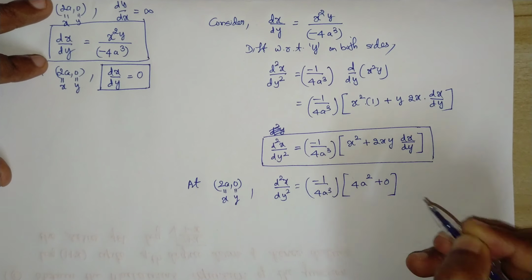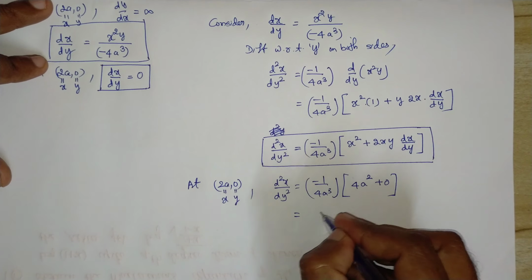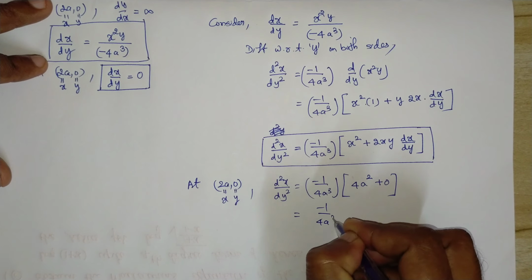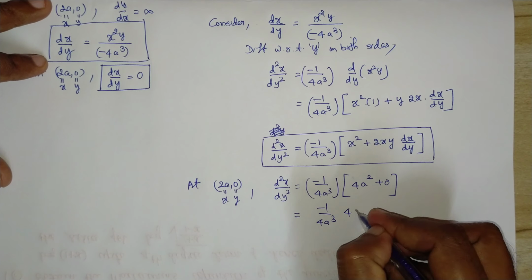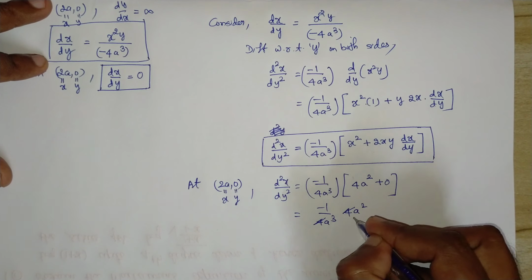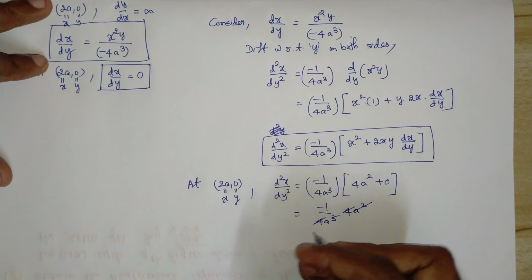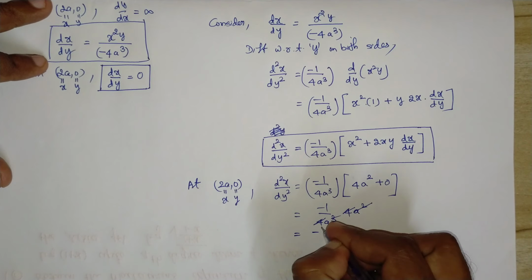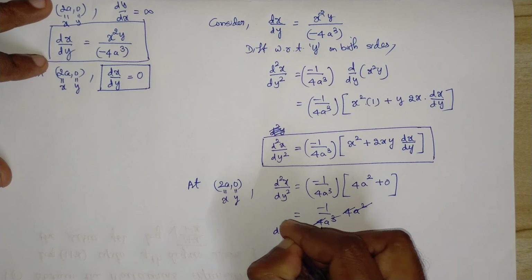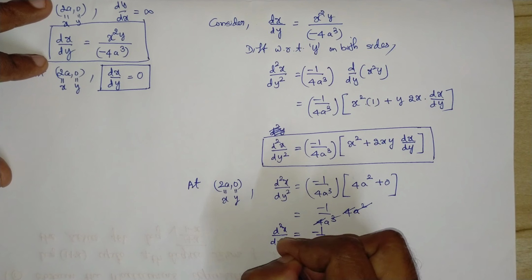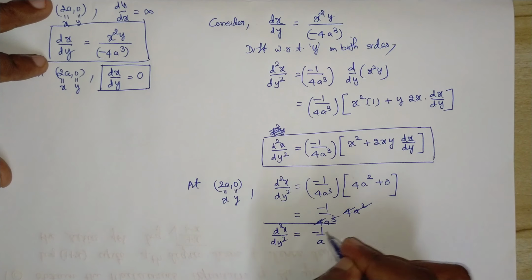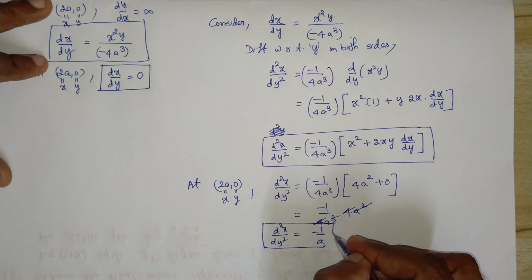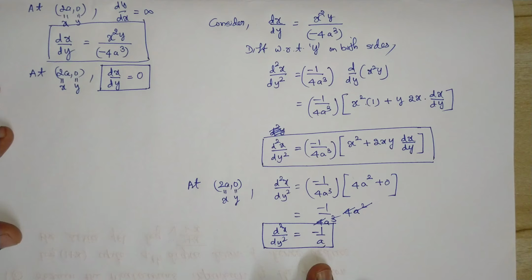So I can cancel this: minus 1 by 4a cube into 4a square. I can cancel this 4 and this a square, so the remaining thing is minus 1 by a. So we have the values of dx by dy and d square x by dy square at 2a comma 0.